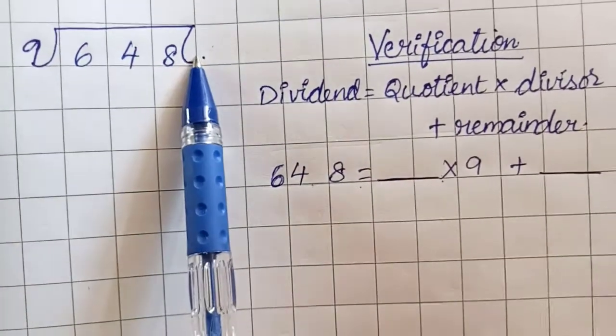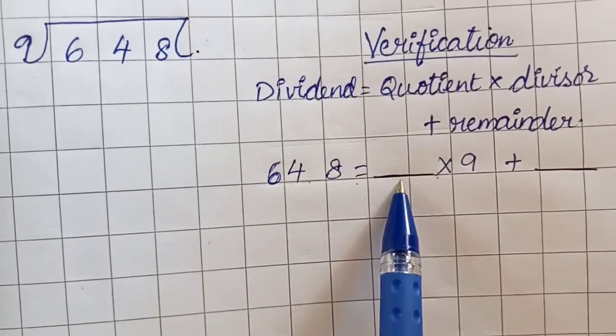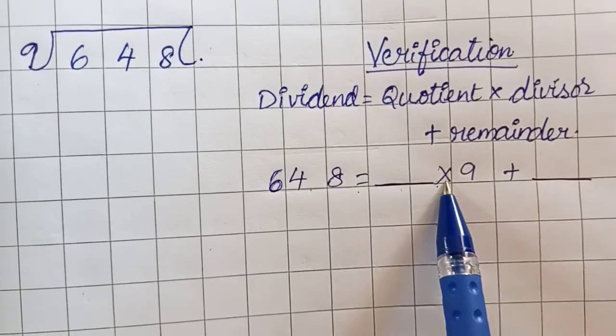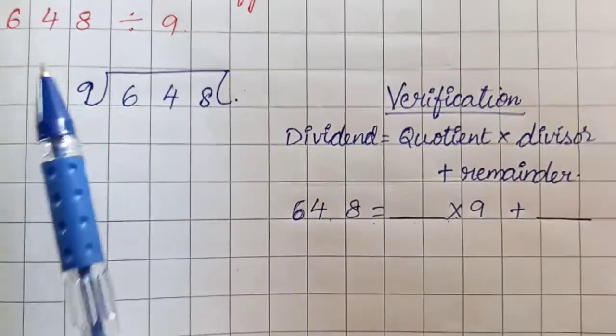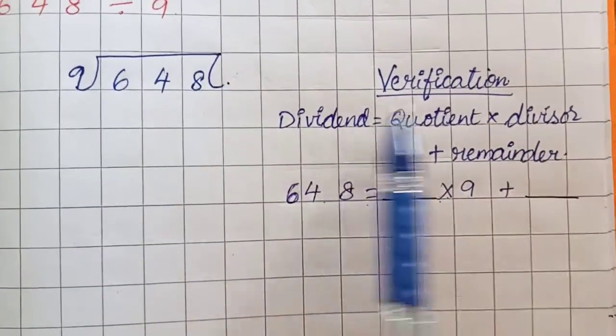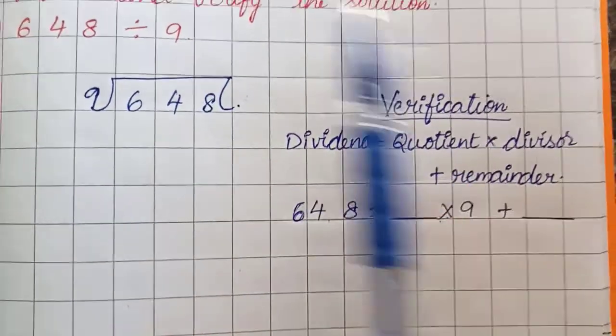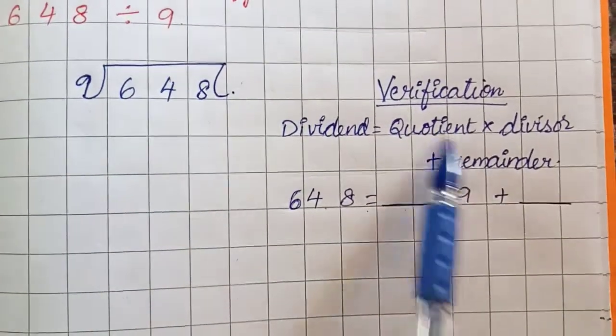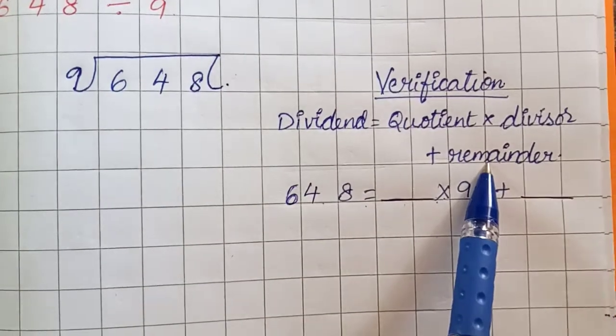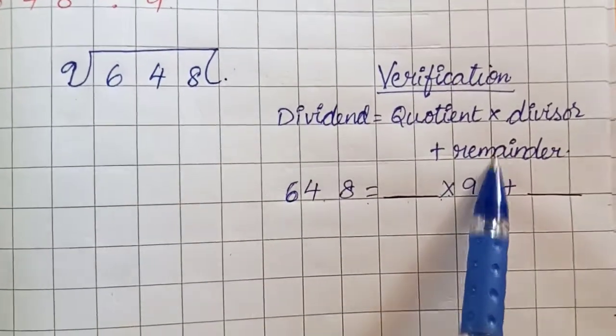We have to complete the division, then only we will get the quotient, into multiplied by 9. 9 is our divisor. These two, dividend and divisor, are given, and quotient and remainder you will get after doing division, after completing division.